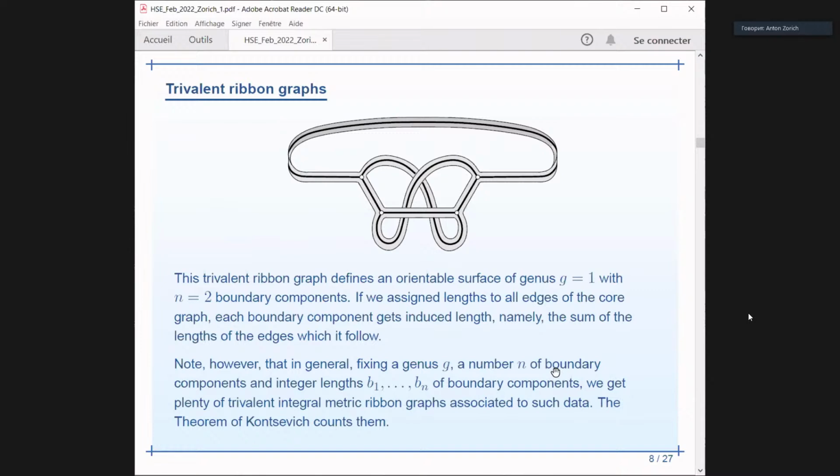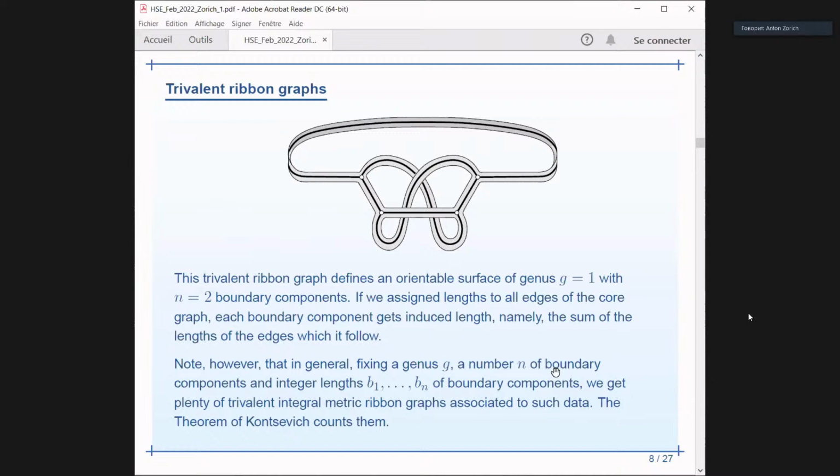So you take a sort of tubular neighborhood of a graph. And so topologically, it's just a surface with boundary. It has some genus. It has a certain number of boundary components. I will always work with oriented surfaces.